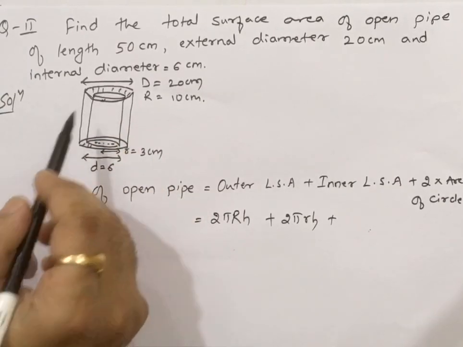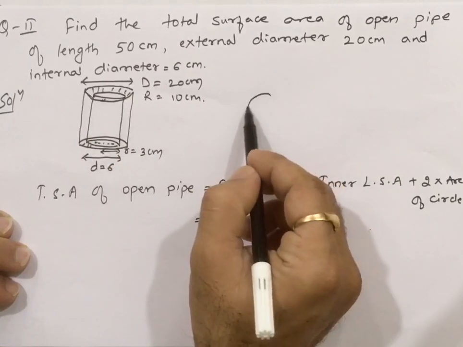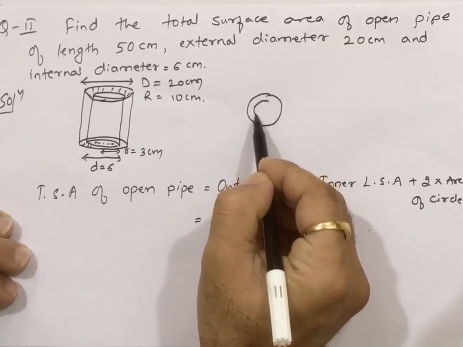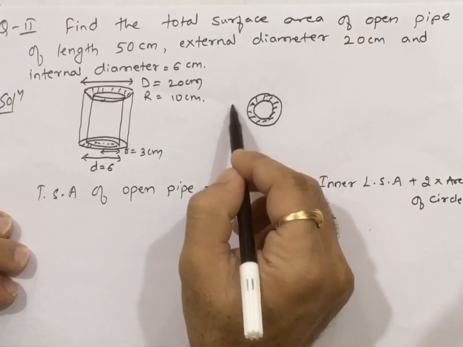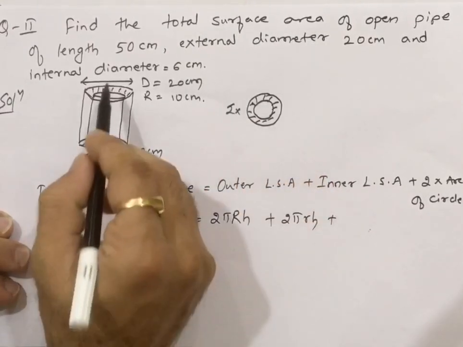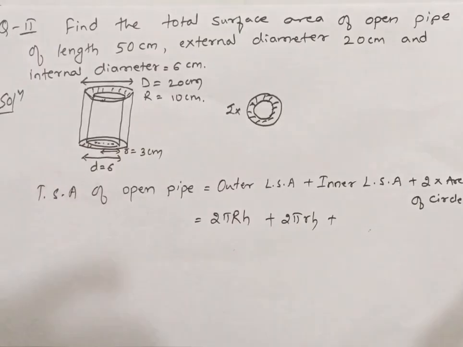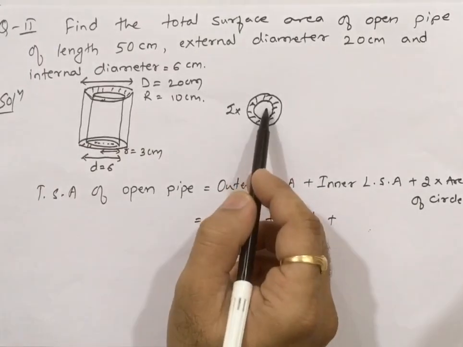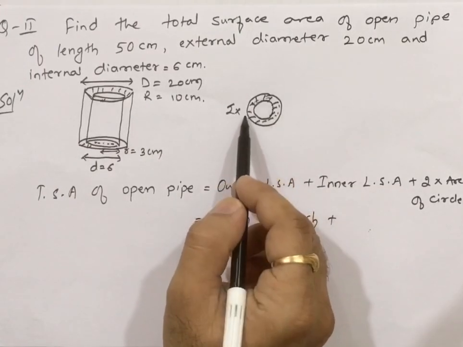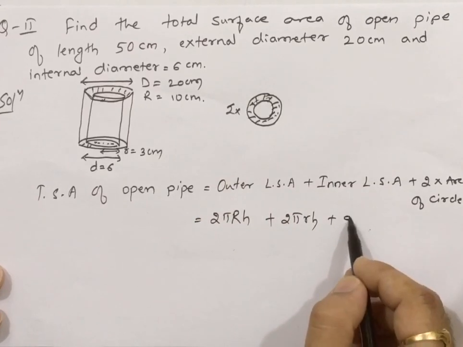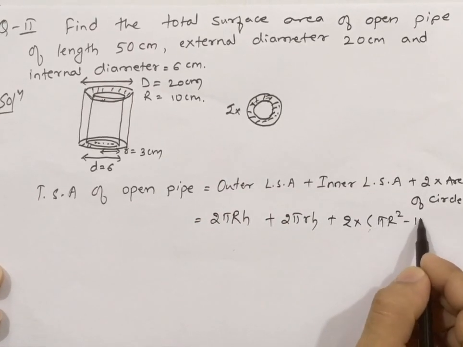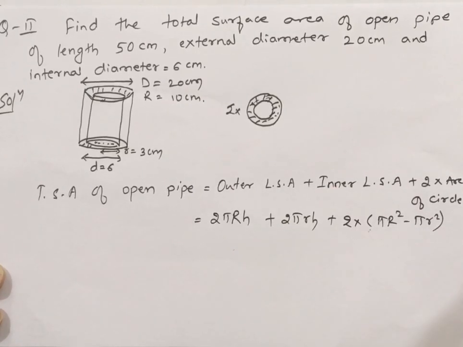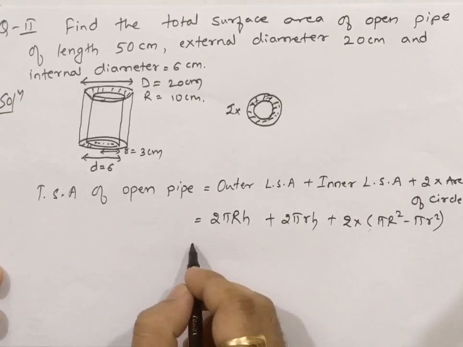Outer circle, inner circle. Only this portion we require 2 times. Why 2 times? Because 2 surfaces, 2 faces are there. So outer circle area minus inner circle area will give you this, correct? So it is 2 into pi R square minus pi r square, correct?